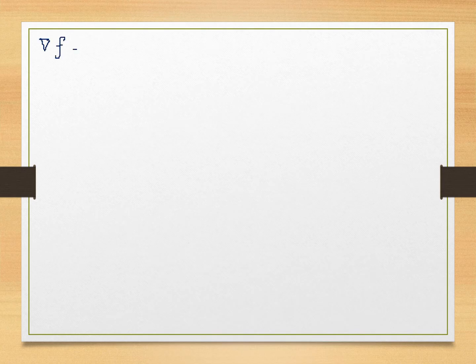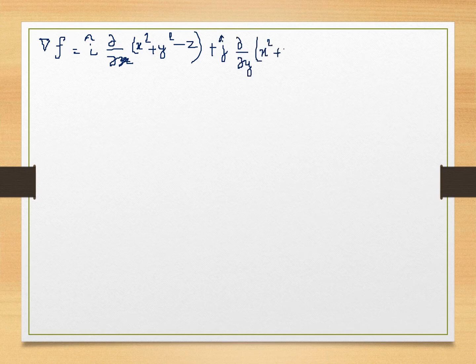So it can be simplified as del f is equal to i cap dou by dou x of x square plus y square minus z plus j cap dou by dou y of x square plus y square minus z plus k cap dou by dou z of x square plus y square minus z.